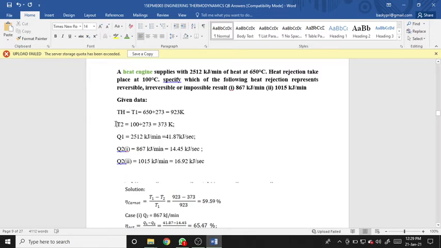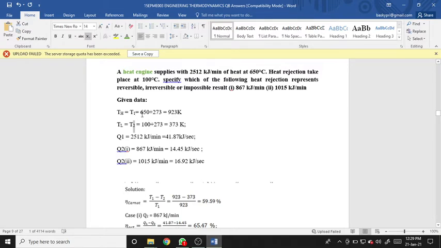Similarly, the lower temperature is represented as TL or T2. Here the H should be in a suffix, similarly the 1 and 2 are suffixes, for easy understanding.